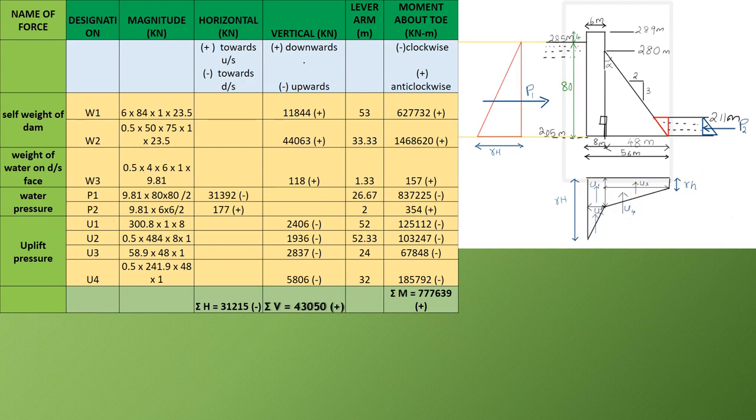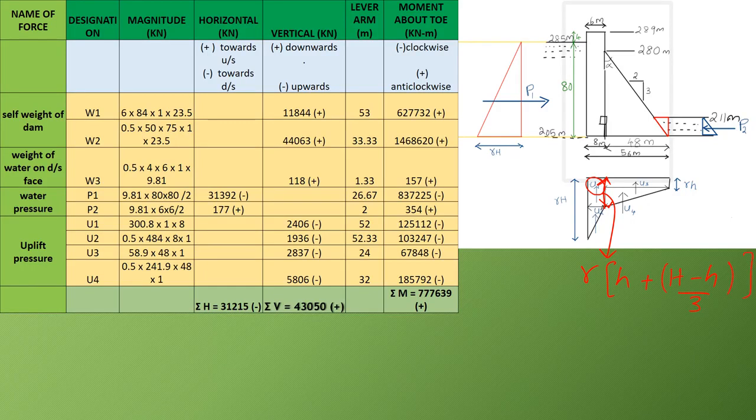Now to find U1, that is this pressure value or this force value, we first need to find this height or this ordinate, and that is given by gamma into small h plus capital H minus small h by 3.